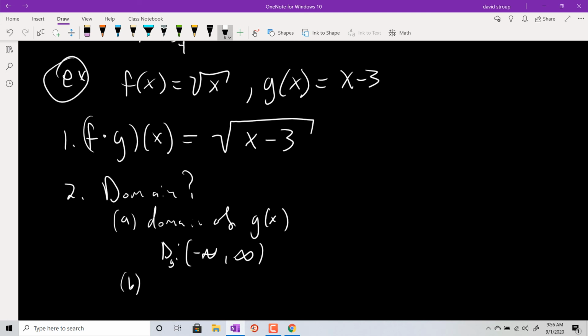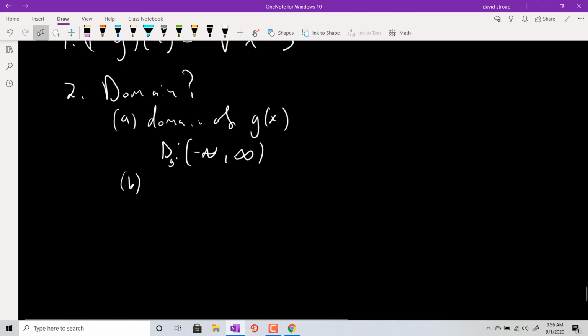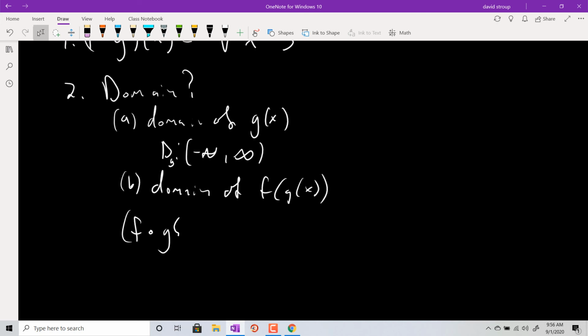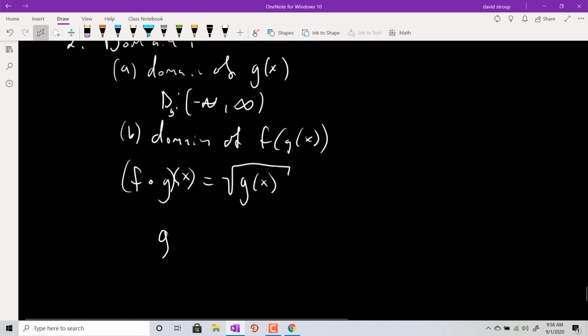Okay, so we have the domain of f of g of x. Literally, f of g of x, another way to think about it, is you have the square root of g of x. And then you need to make sure that this g of x thing is greater than or equal to 0, right? And of course, what is g of x?